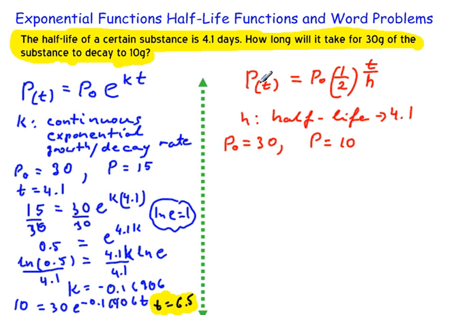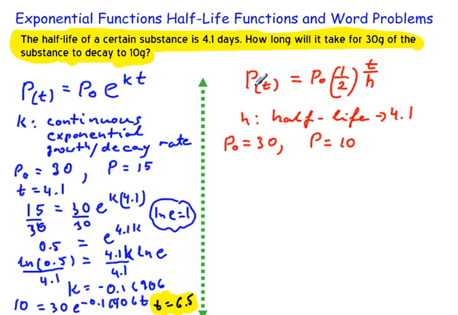So many times you're going to be using this type of formula where the base of the exponent is half. Or you can use that continuous rate formula where the base is e. So you have a choice. Sometimes you don't remember half-life formula, you must then know the formula that involves e to exponent kt or vice versa. But in either case, you will be able to solve that question and get exactly the same result.